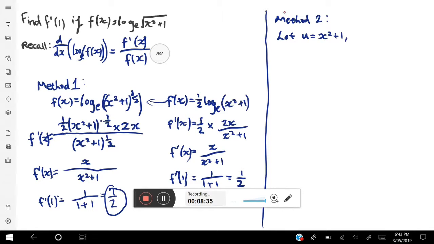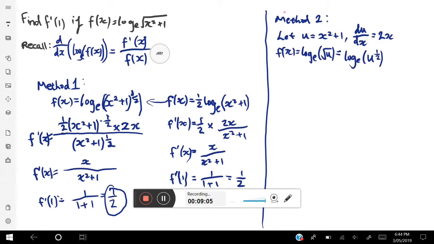So let u equal x squared plus 1. And then we have du dx. If you differentiate that in terms of x, it gives you 2x. So now you can rewrite f of x as log e of the square root of u, which of course can be rewritten using your indices laws as log e of u to the power of a half.